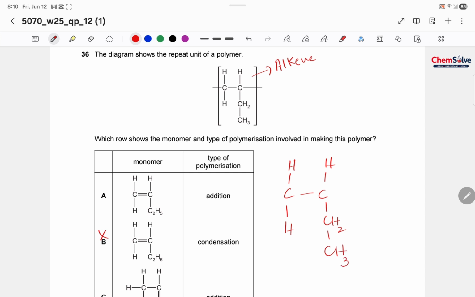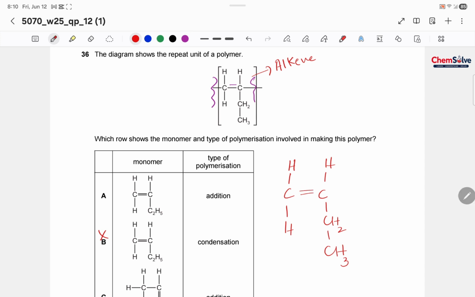When we have to make a monomer from the polymer of an addition polymer, then we just drop these continuous bonds and we put a double bond in between, because addition polymers are formed by alkenes, by unsaturated hydrocarbons.